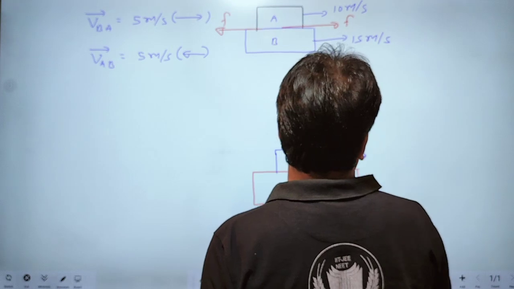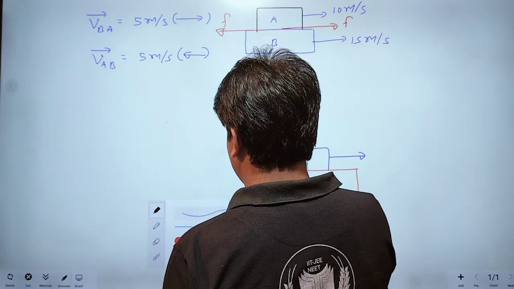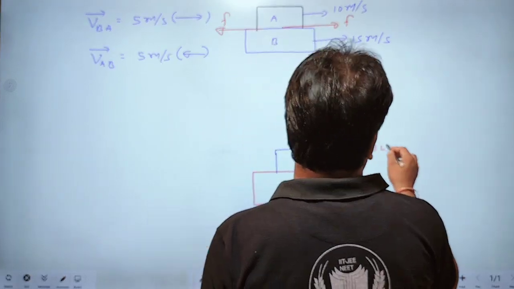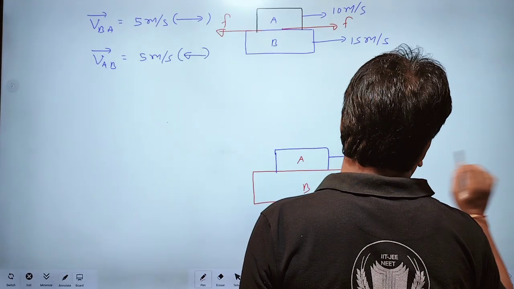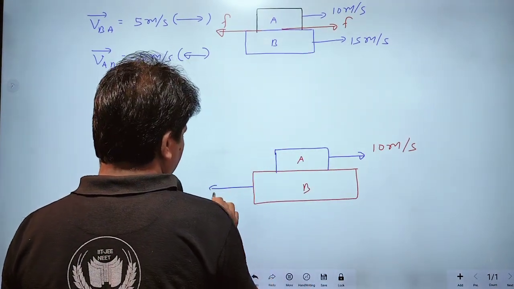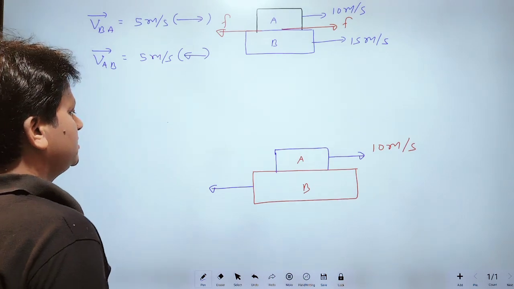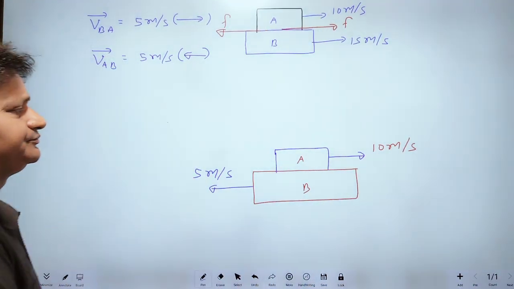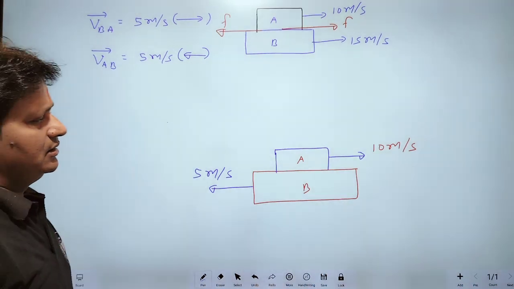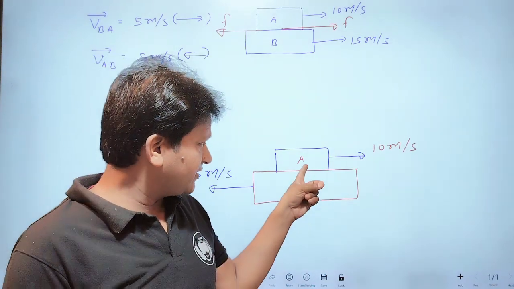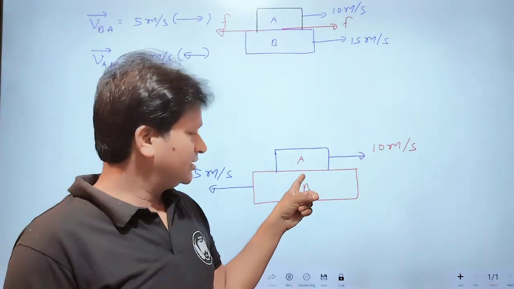Let us consider the velocity of block A is 10 meter per second in rightward direction, and the velocity of block B is 5 meter per second in leftward direction. We have to find the friction acting between the blocks.